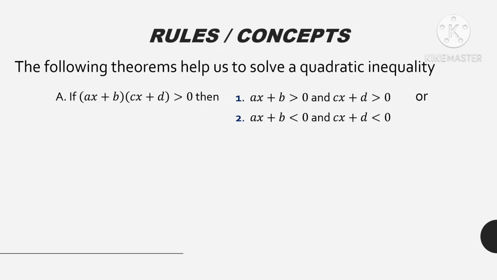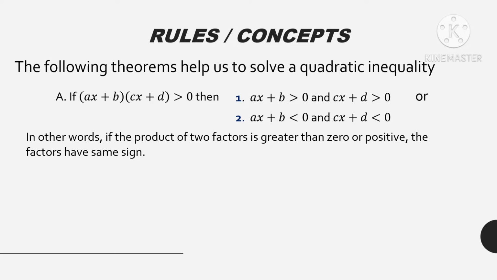Okay? So, in other words, if the product of two factors is greater than 0 or positive, the factors have same sign. So, para makakuha tayo ng product na positive, dapat ang dalawang numbers na i-multiply natin ay parehong positive o di kaya parehong negative.